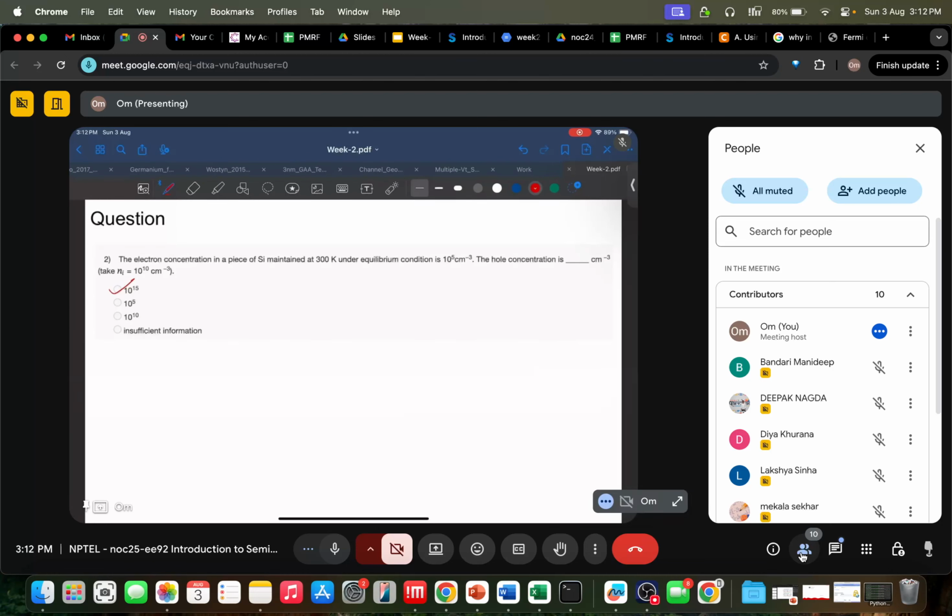So we will use the law of mass action, which is np equals ni squared, which is true universally for non-degenerate semiconductors.